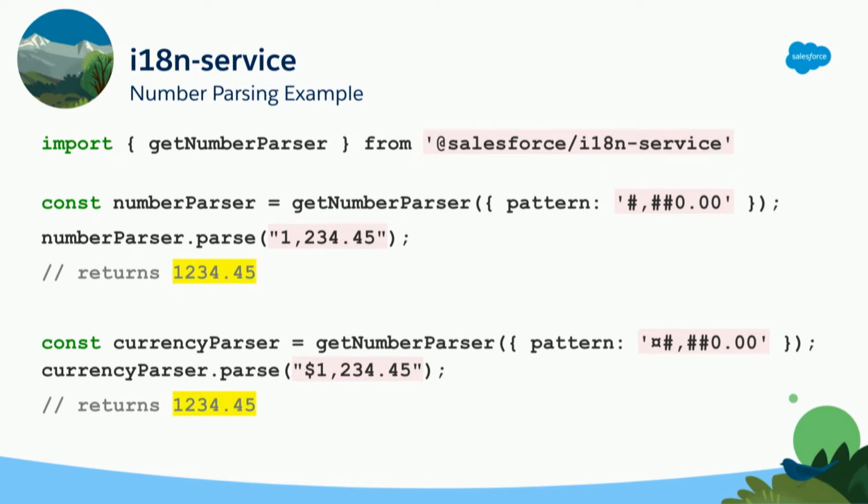It also supports the currency, so you can specify where the currency symbol will be, and again, it will convert it to the number. We didn't use any custom objects like currency, just the number, but the parser needed to know where the symbol will be.